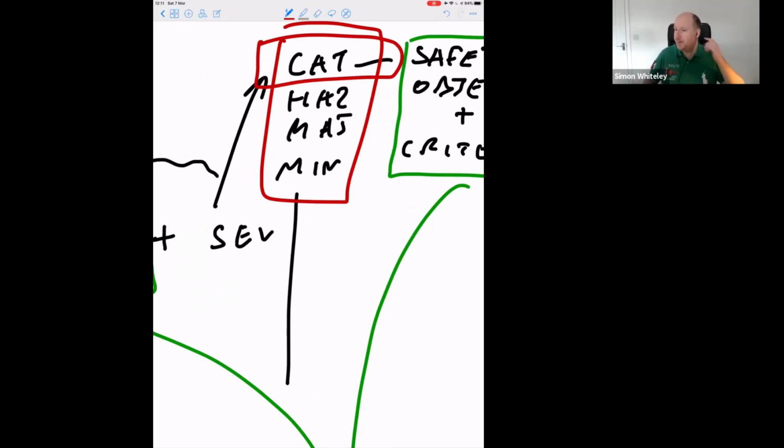But from an STPA perspective, it's not a difficult thing to add. Instead of just talking about catastrophic hazards and losses, you think about less severe hazards and losses. The process doesn't change. The control structure doesn't change. It's just how you classify unsafe control actions.